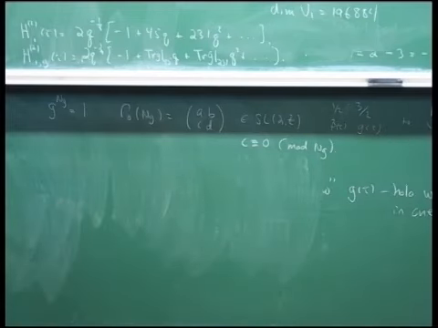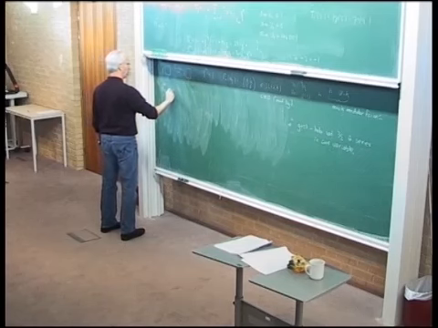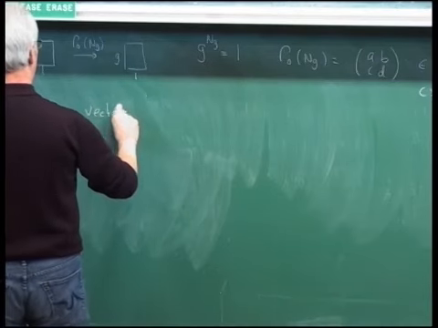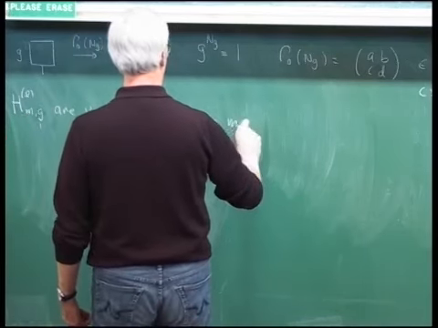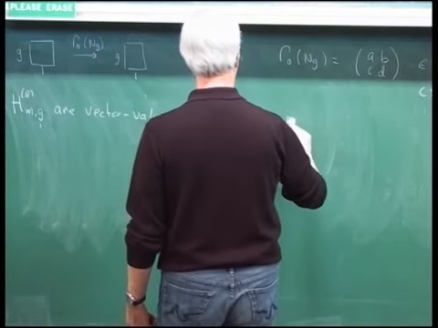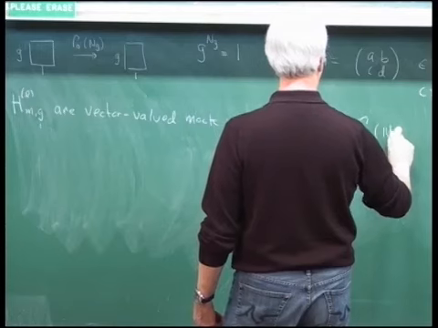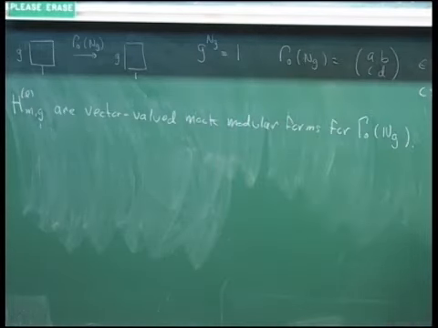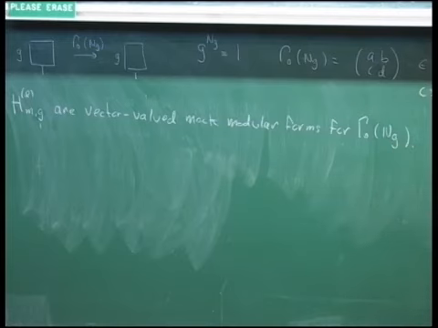So that suggests that what we really expect is that these should be vector valued Mach modular forms for gamma naught Ng. And again, vector valued now means that I have to choose some Ng dimensional representation of SL2Z, and they transform like a Mach modular form, but with a matrix. So what are the components of that vector?